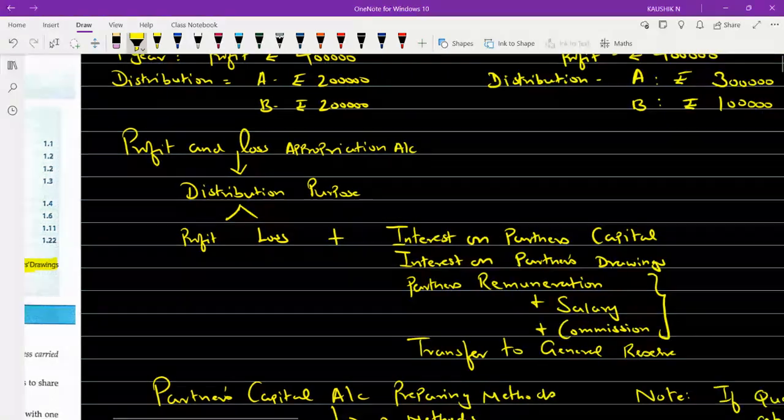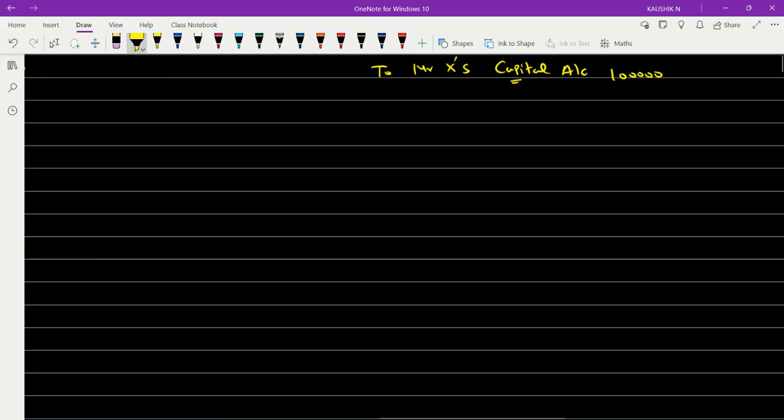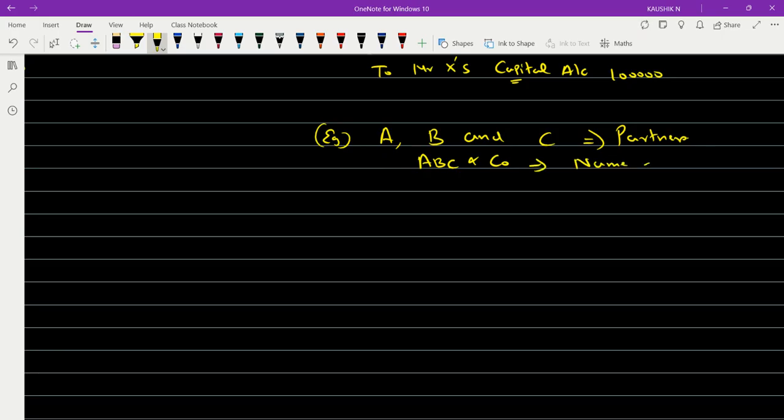It's very simple. In a partnership business, say for example, you have three partners, named A, B, and C. These three members are partners. They are going to start a business called ABC and Co. This is the name of the business. And what form of business is it? It comes under partnership.